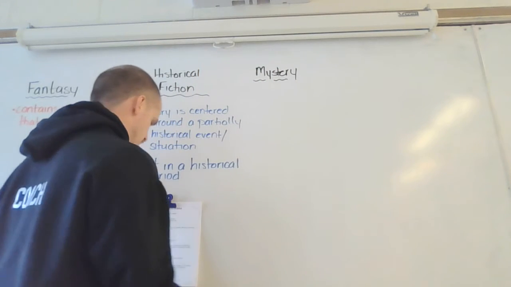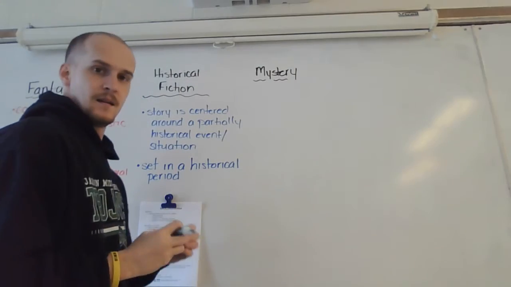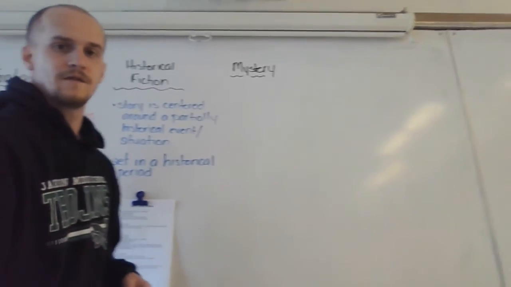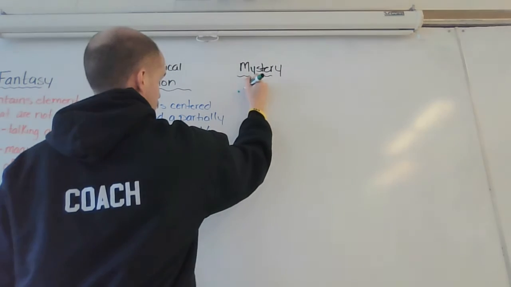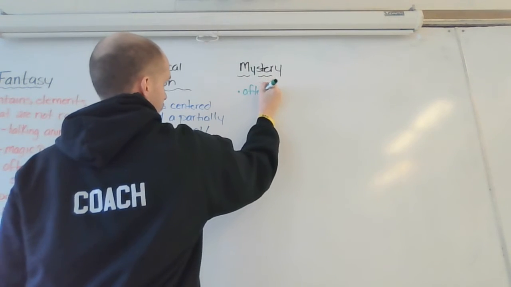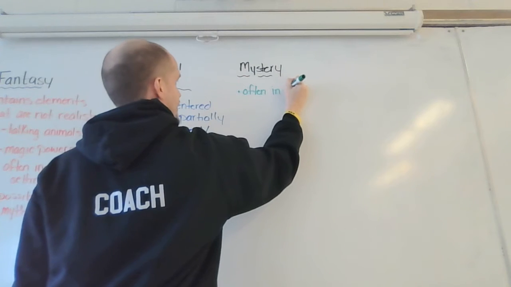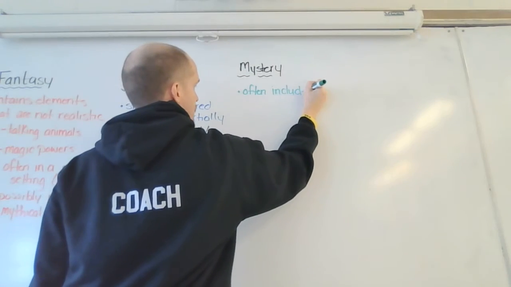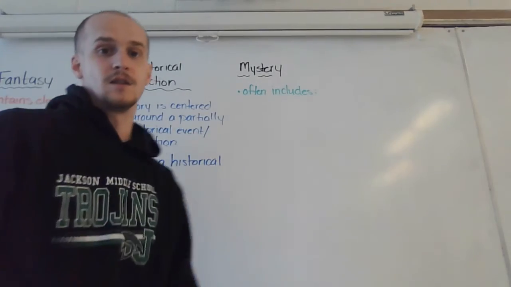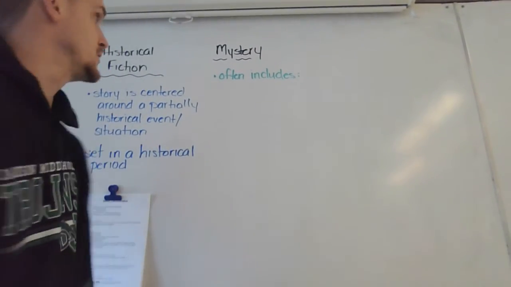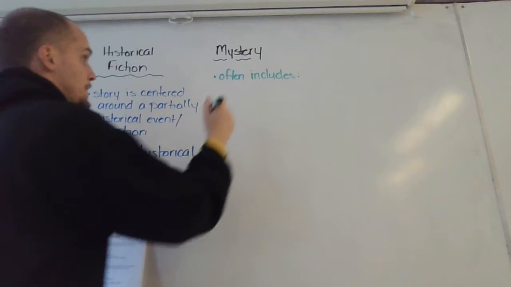All right. And so for mystery, a mystery novel often includes a couple, if not all, of the following. Often includes a couple of these, if not all of them.